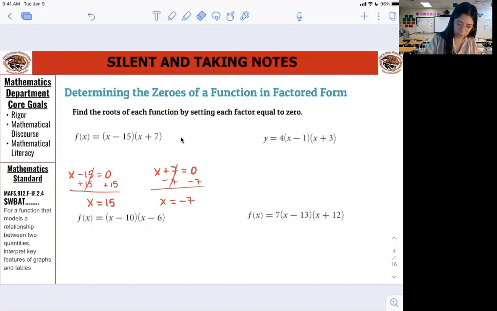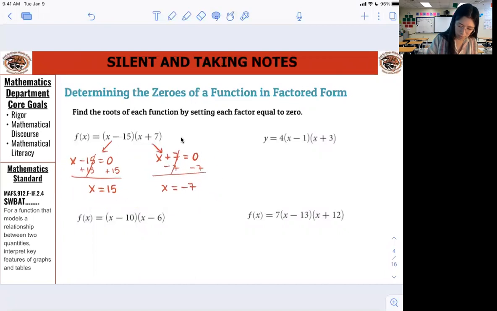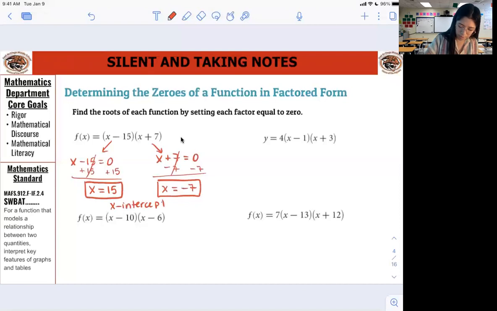So actually, I'm going to just save a little bit of room. Hold on a second. Those are my two x-intercepts. So x equals 15, x equals -7.